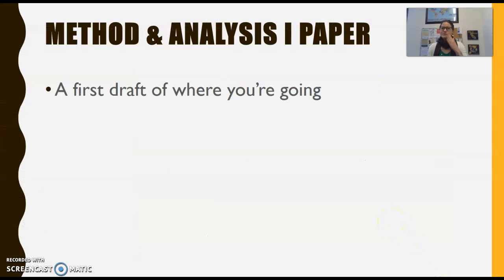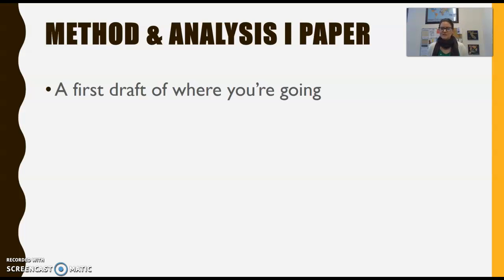Alright, so this is just a first pass. I don't expect you to be very comfortable with the language you're using yet, the analysis that you're conducting. This paper is in no way a final draft, so it just gives me a sense of the direction that you're going with your analysis and then how you're planning on incorporating theory into your analysis.